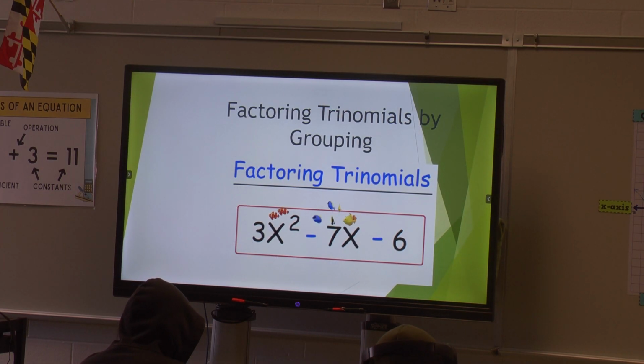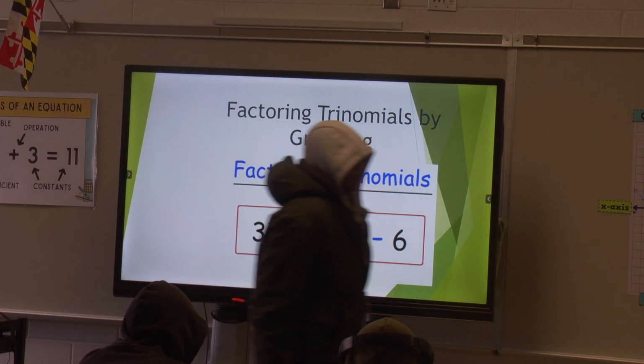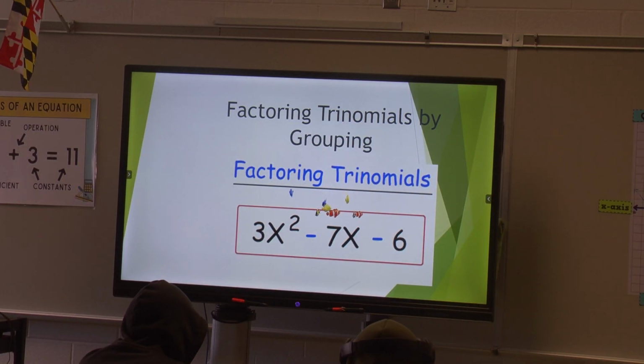Okay, so today, factoring trinomials. Something simple like 3x squared minus 7x minus 6. This is where we need to learn, from our standard form, what is our A, what is our B, and what is our C. We're also going to be going over that.